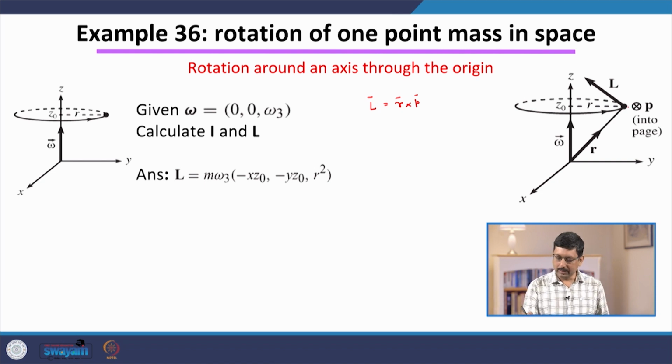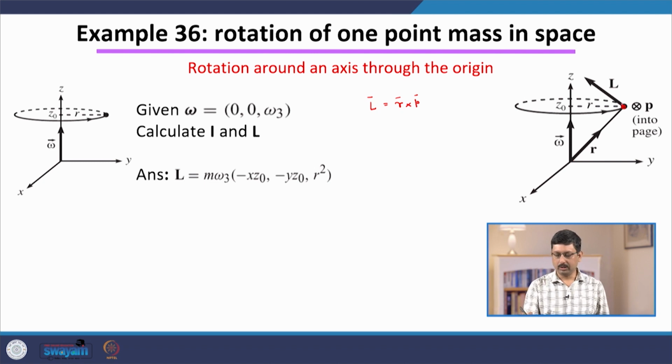Suppose at some instant the position of the particle is at this point in the circle. Then p is in the tangential direction of the circle, going into the page. It is rotating like this, the origin is here, and we are looking from this side, so it is going into the page. Now, the position vector of this point mass from the origin is r.